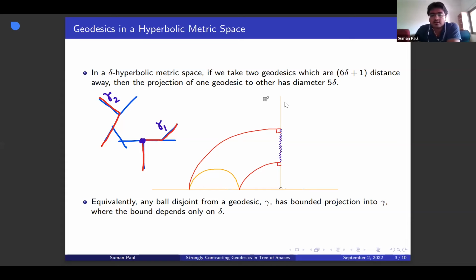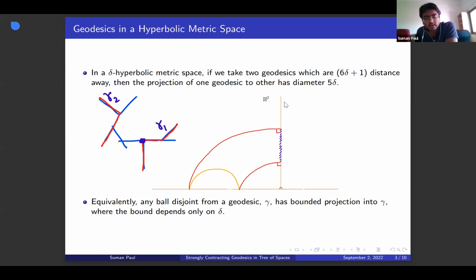So this is a special property of geodesics in a hyperbolic metric space. Equivalently, we can give a characterization of this property: any ball disjoint from a geodesic gamma has bounded projection into gamma.